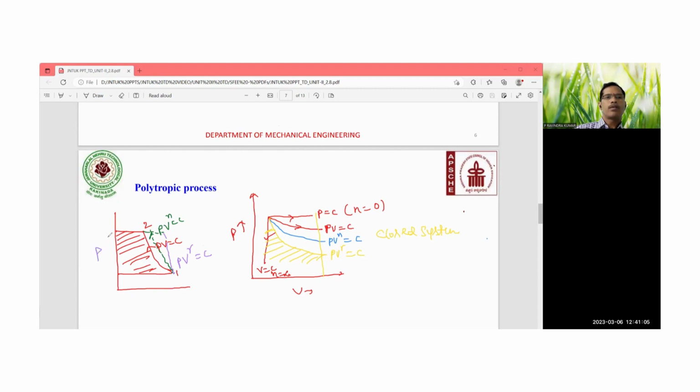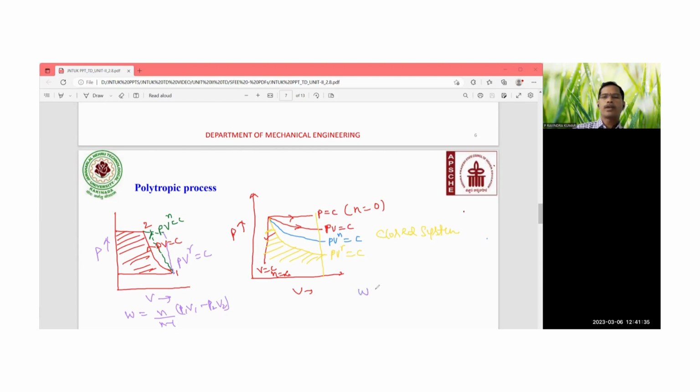So this is the P versus V plane representation, and for the flow system, here you have to write it as W is equal to, for a polytropic process, N by N minus 1 into P1 V1 minus P2 V2, that is nothing but equal to N by N minus 1 MR into T1 minus T2.